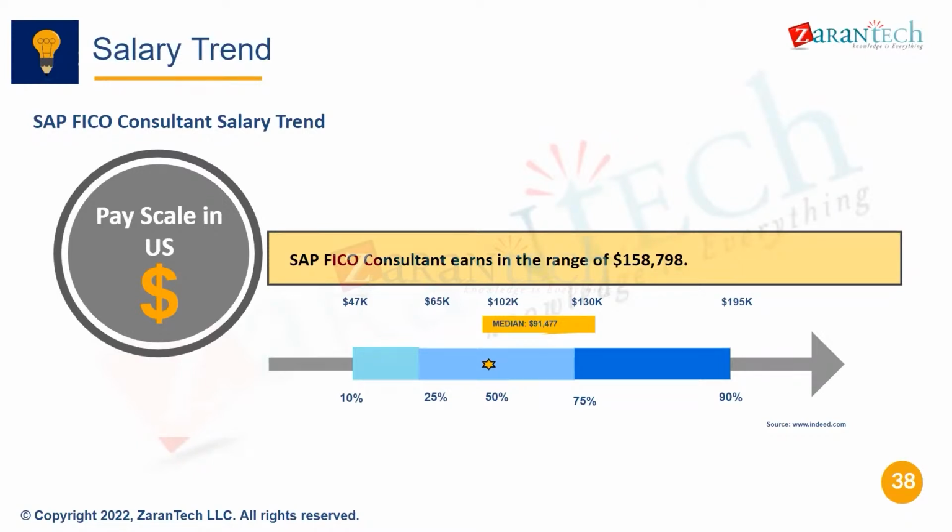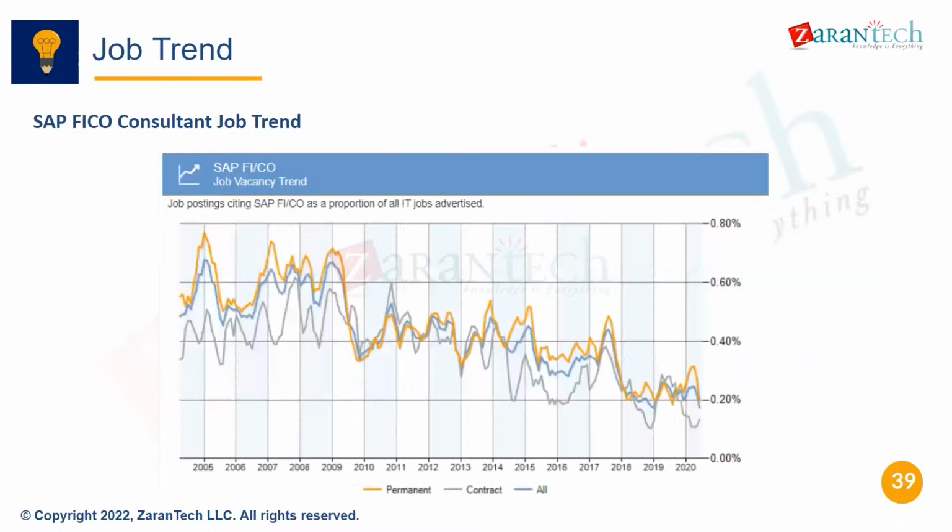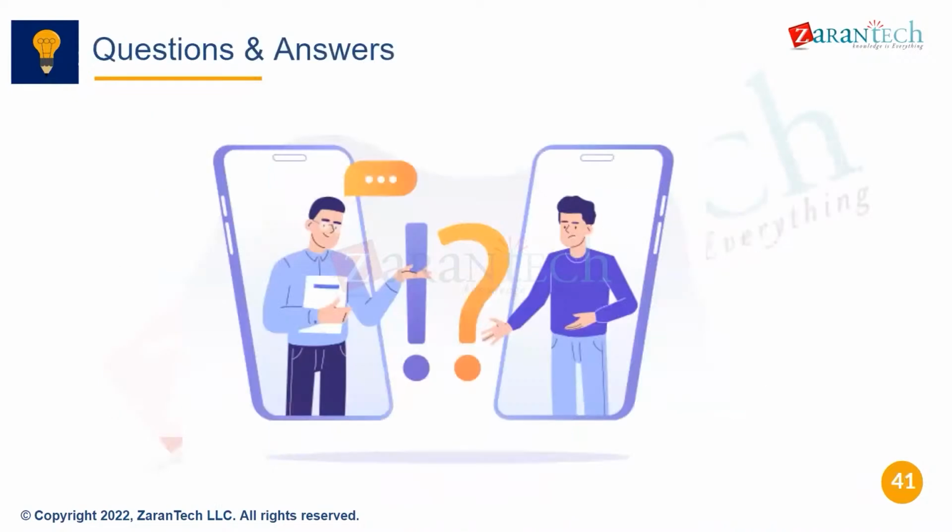It all depends on your interest and your efforts. But for any level, there is a lot of demand in the market, be it SAP ECC or S4 HANA. To learn SAP S4 HANA, it is mandatory to learn SAP ECC, otherwise it would be difficult to understand.